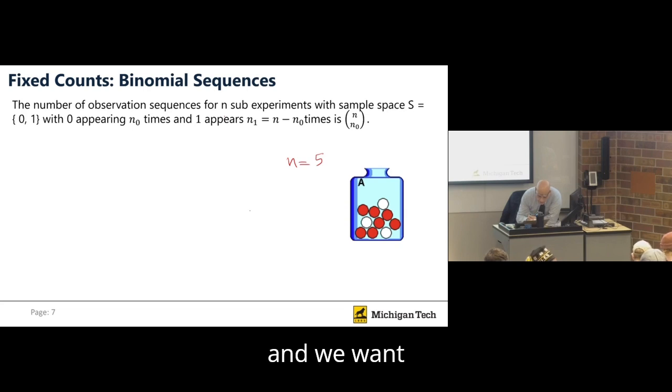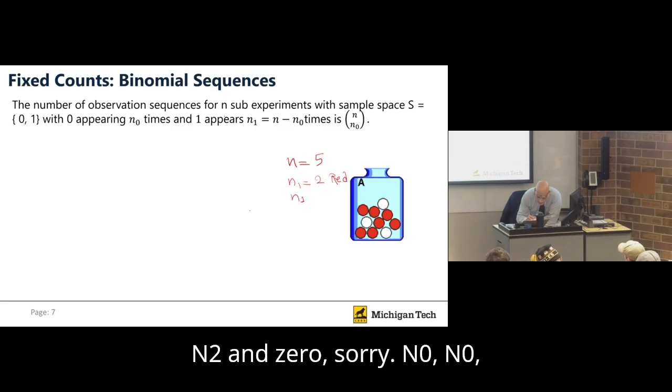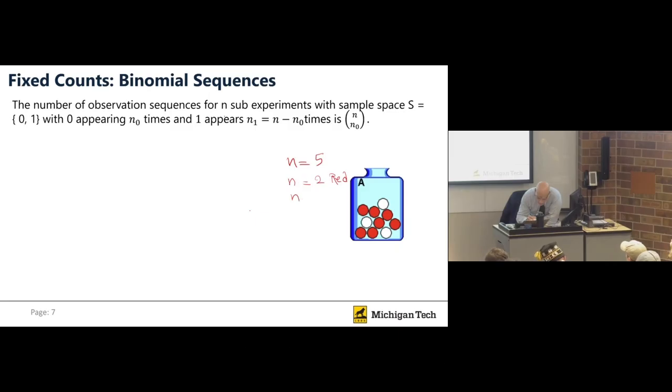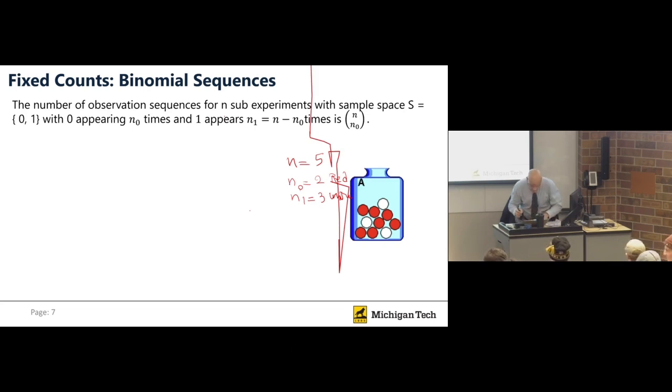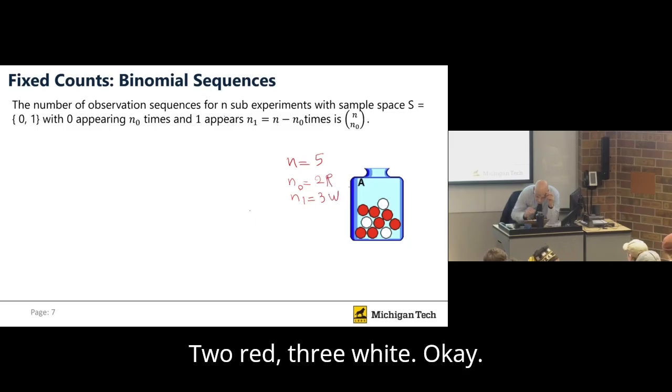We want n0 to be, for example, 2 red, and n1, for example, 3 white. Okay, 2 red, 3 white.